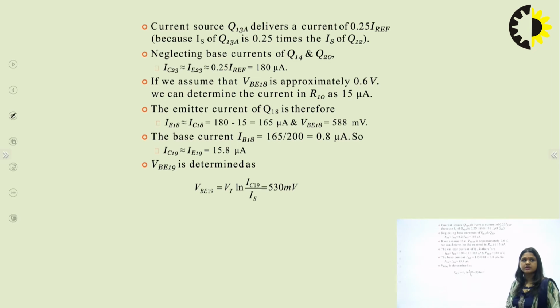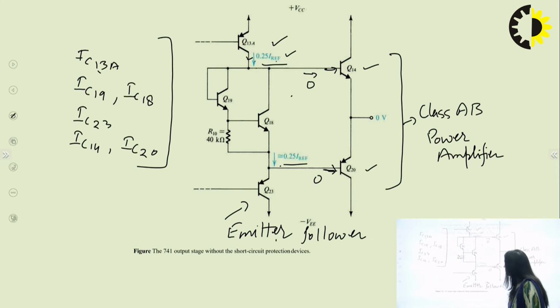The current from Q13A will be equal to 0.25 of I reference, and that equals 180 microamperes. To calculate the current in the Q18 transistor, IC18, just assume that the voltage at this node is VBE18, and assume that this VBE is 0.6 volt.